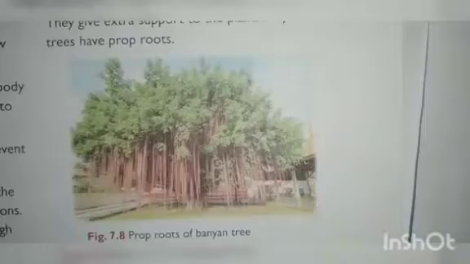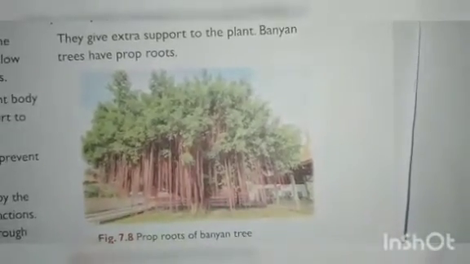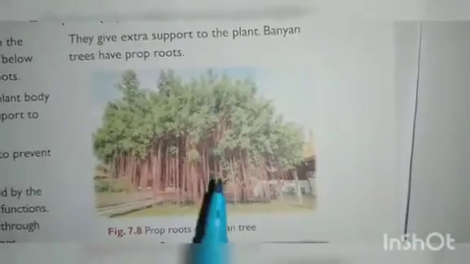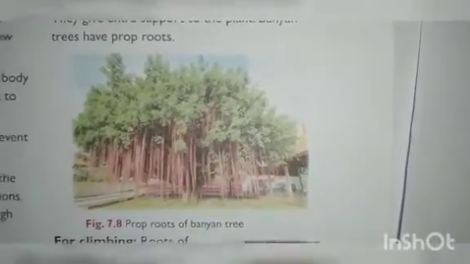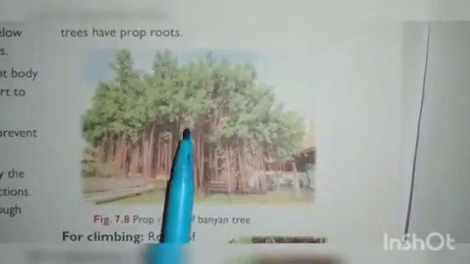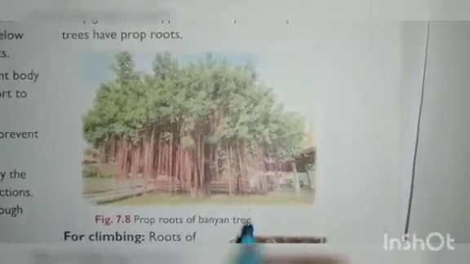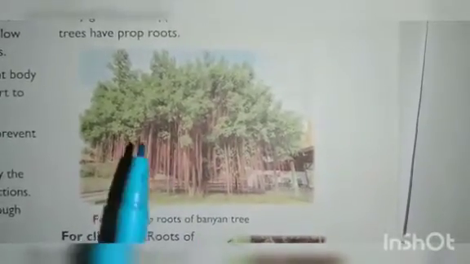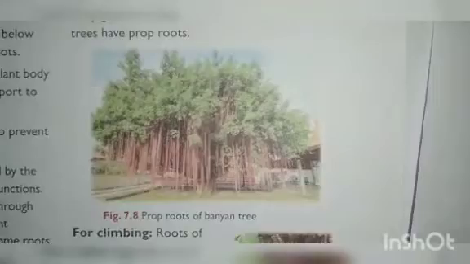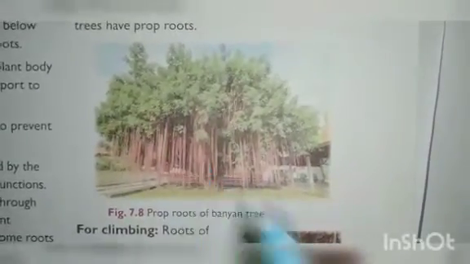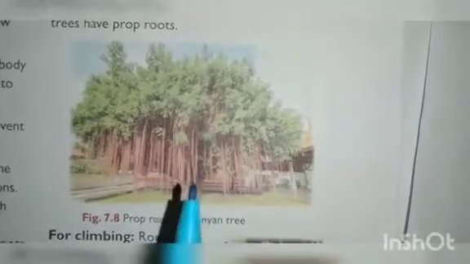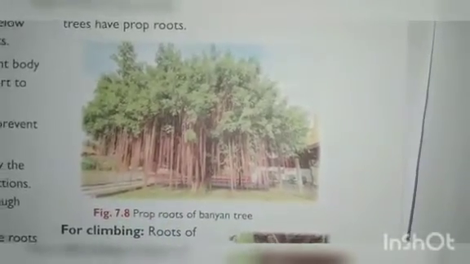Next one is for extra support. These are called prop roots. You might have seen these kinds of hanging roots on a banyan tree. These prop roots are the roots that arise on the branches. This is an exceptional case; they will not be present under the ground.